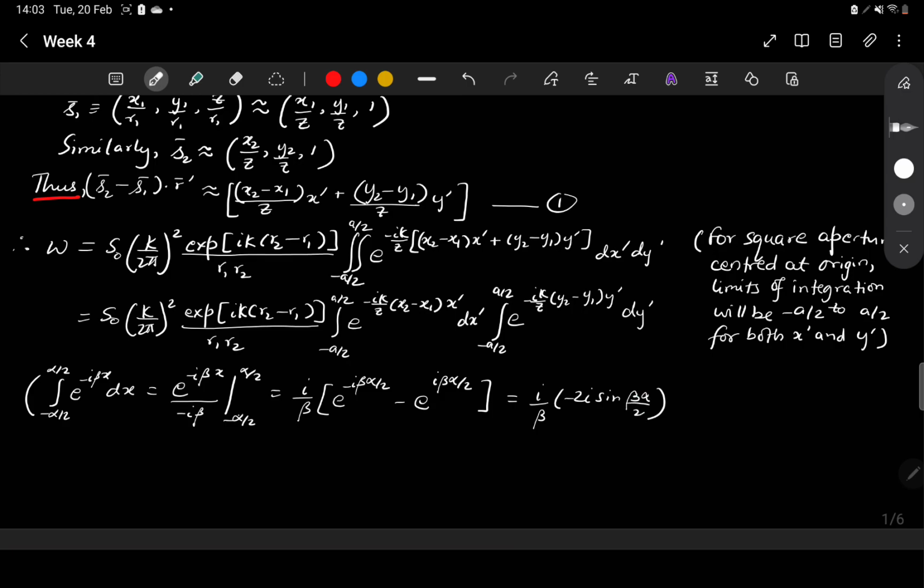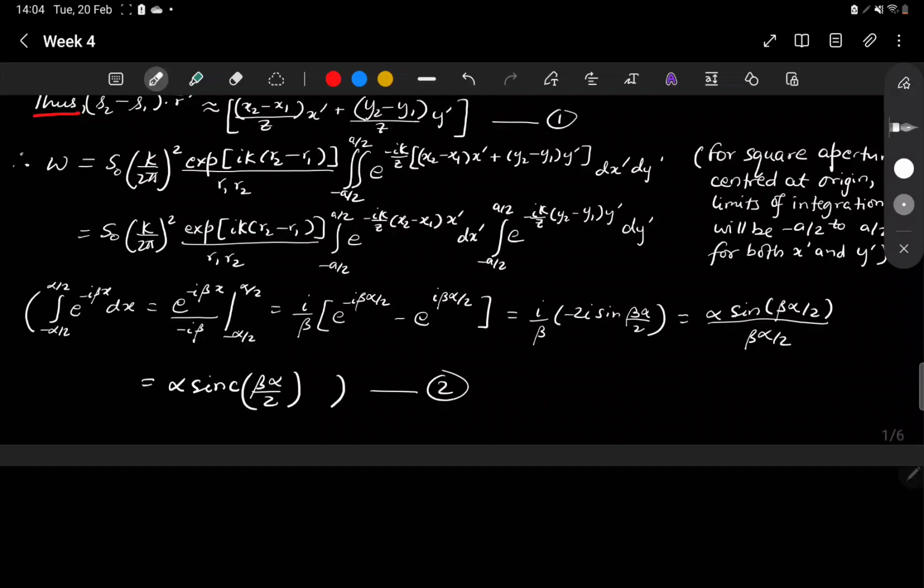This comes because e to the power i theta is cos theta plus i sin theta. And this gives us the following. So sin theta by theta is sinc theta. Let me call this equation 2.